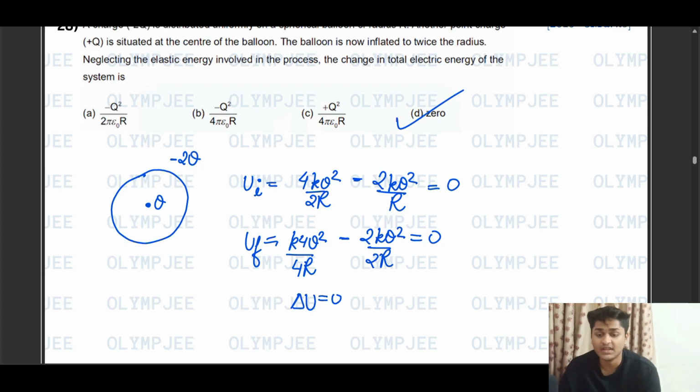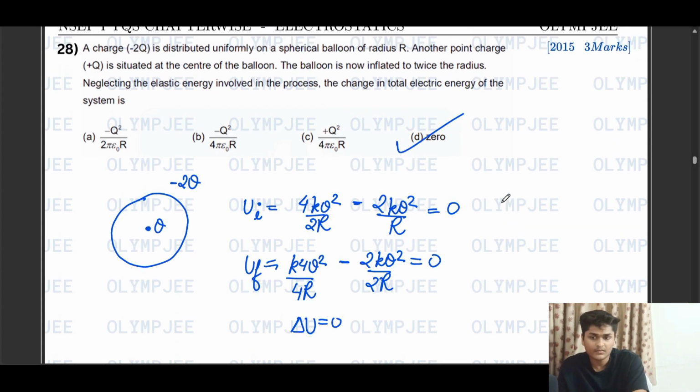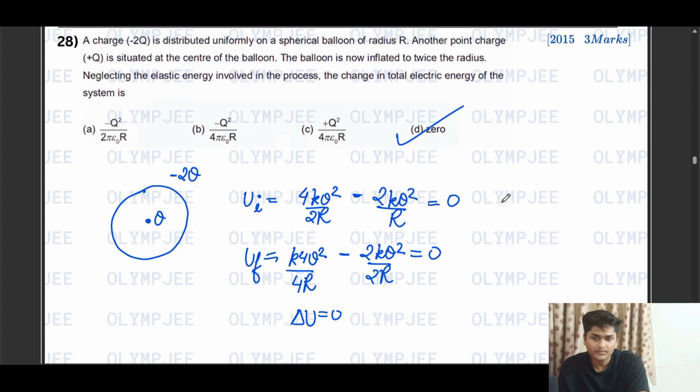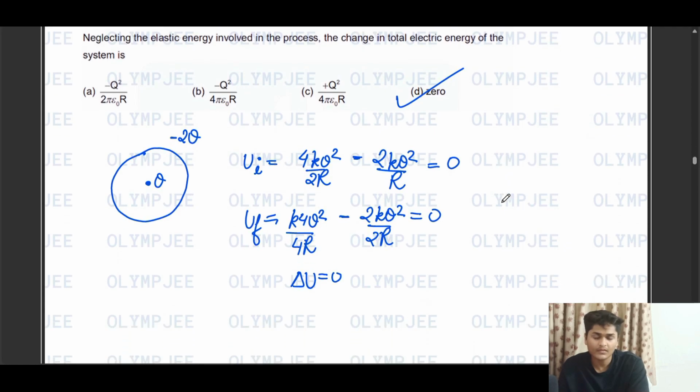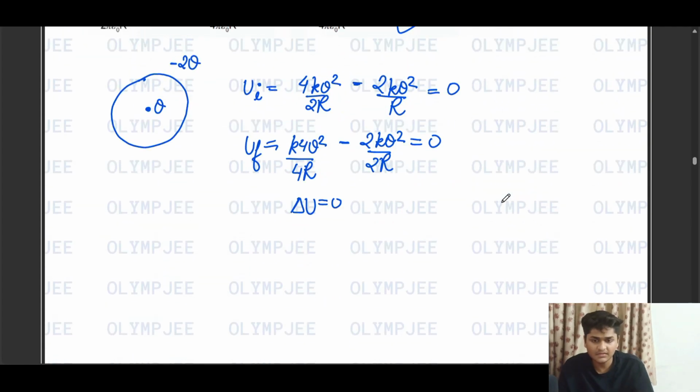So answer is option D. This term was the self energy and this term was due to interaction of the charges.